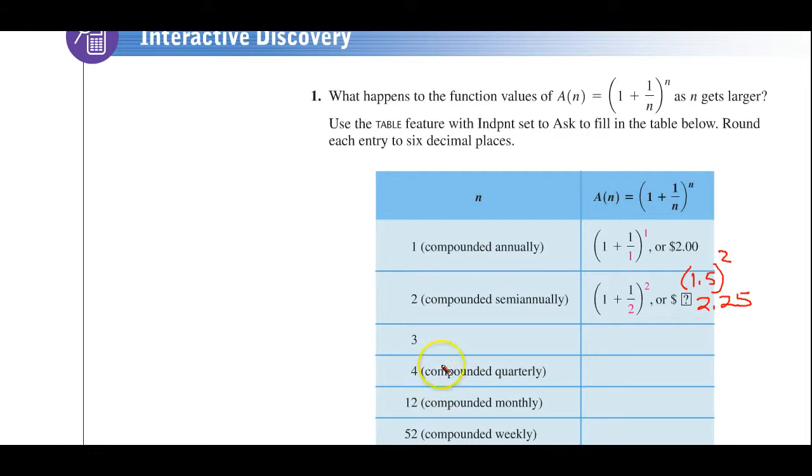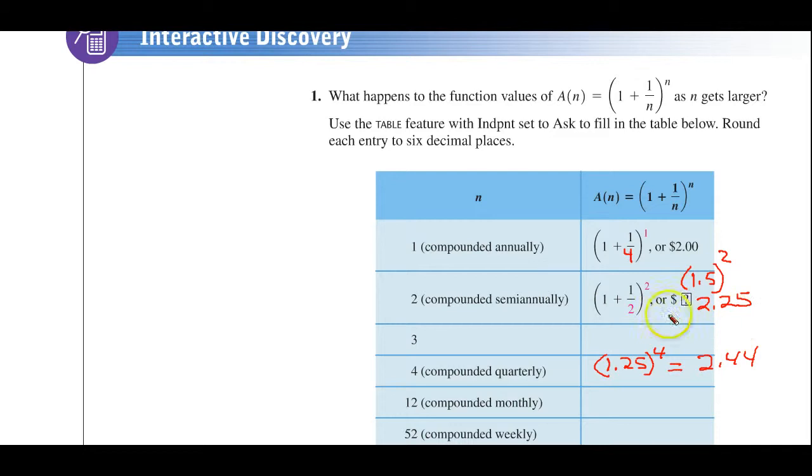Now, as you put a 4 there, this will become a 4. This is going to be 1.25, but you're going to raise it to the 4th power. If you put that in your calculator, you get 2.44.